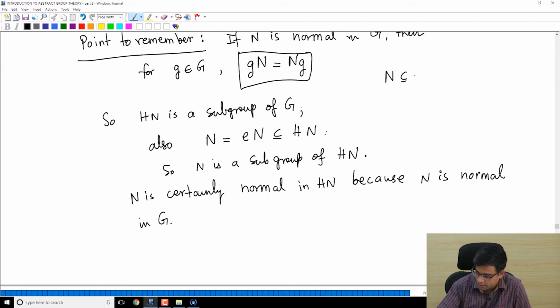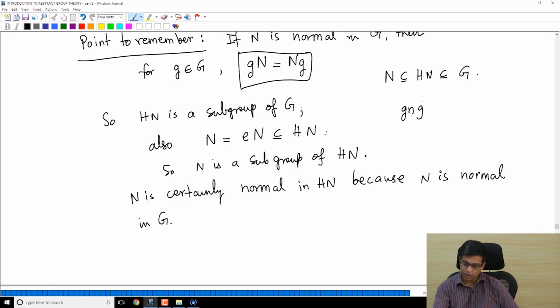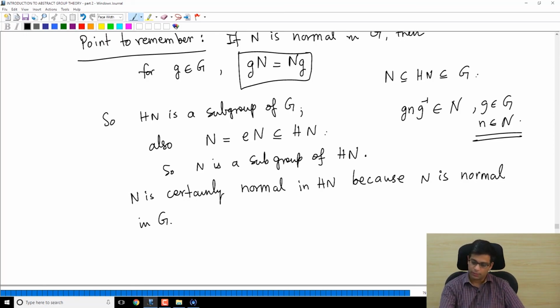We have N sitting inside HN, sitting inside G. N is normal in capital G, which means you take something g in capital G, take something n in capital N and do the operation g n g inverse, it's in capital N. For g in G, n in N. This is certainly going to hold if you take something in capital HN and do this same operation, because HN is already a subgroup of capital G. So if you take something in capital HN, it's in G, so this condition holds.